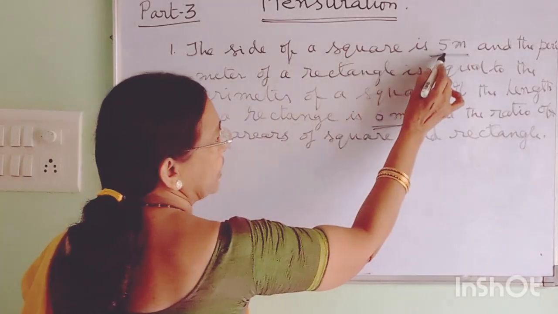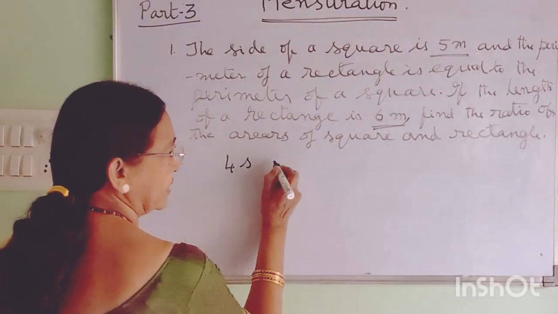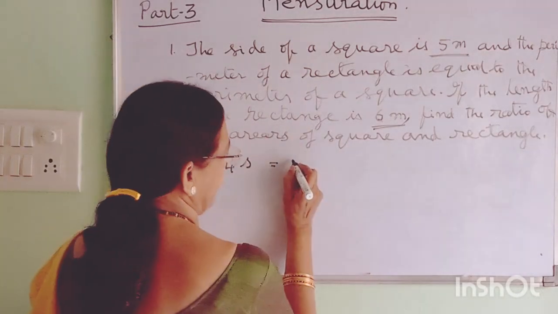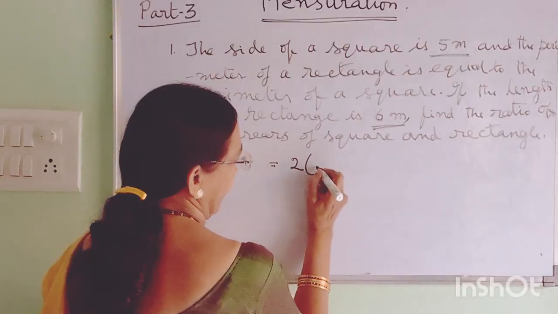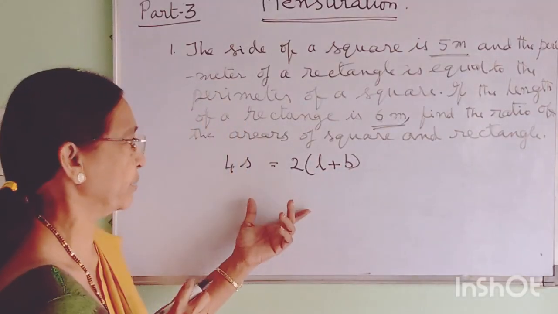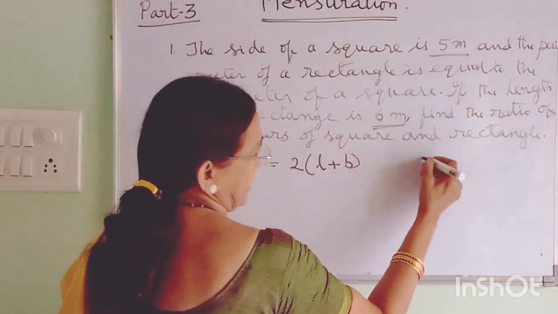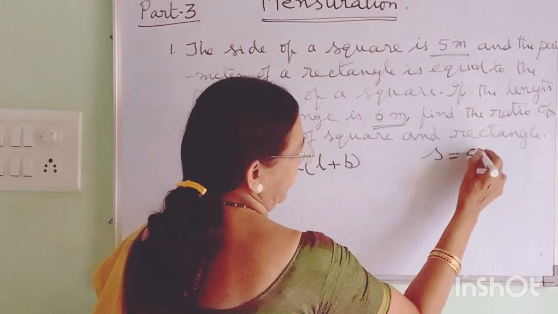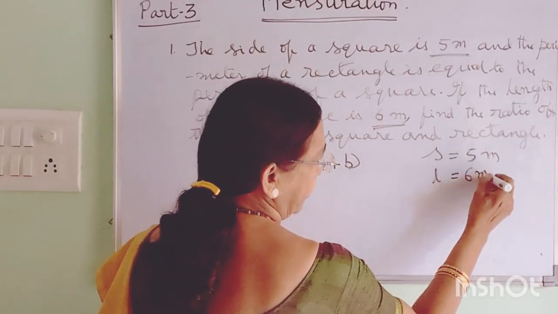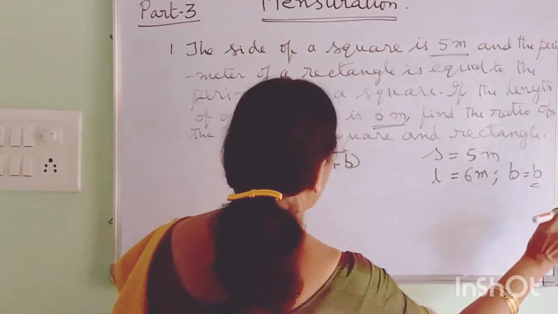So the perimeter of the square is 4s, which is equal to the perimeter of the rectangle, 2 into (L plus B). These are the formulas. Both the perimeters are equal. Here the side of the square is 5 meters and the length is 6 meters, but the breadth is not given. Let B be the breadth.